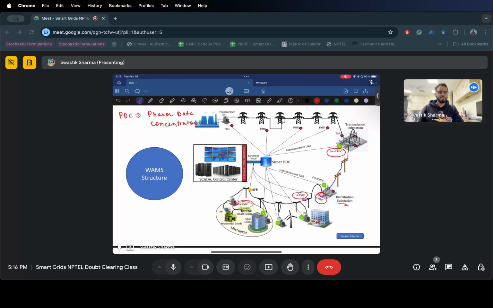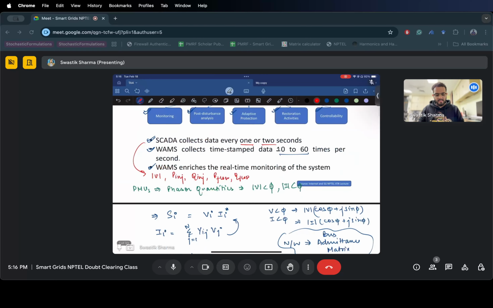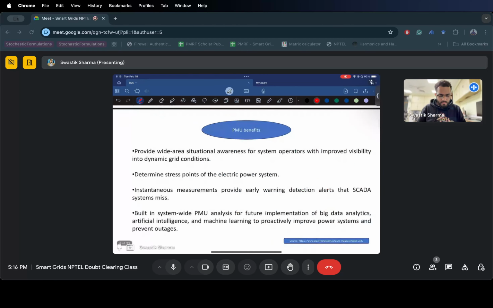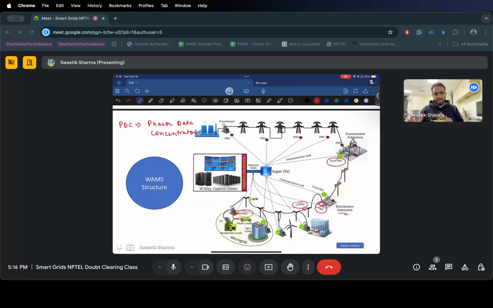We call them micro PMUs because they have a resolution which is much higher than your normal PMUs. I said 10 to 60 times per second for PMUs, right? For micro PMUs, at least the one developed by IIT Kanpur, it's 100 samples per second.